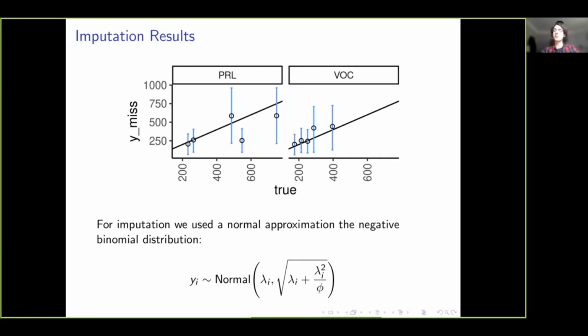The separate graphs are for separate brain regions. As we fitted the model in Hamiltonian Monte Carlo, there can be difficulties with imputing discrete data, simply because Hamiltonian Monte Carlo is defined for continuous spaces. So for imputation here, we used a normal approximation to the negative binomial distribution.